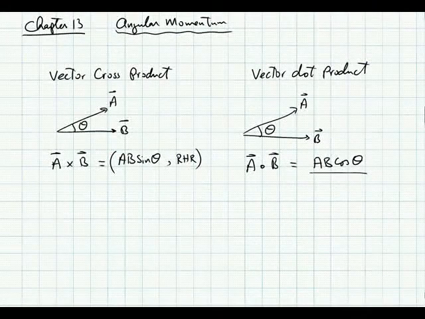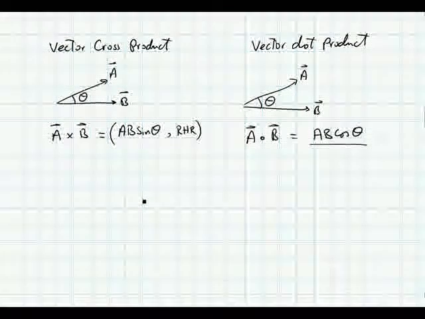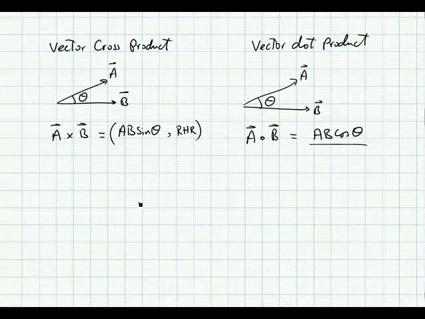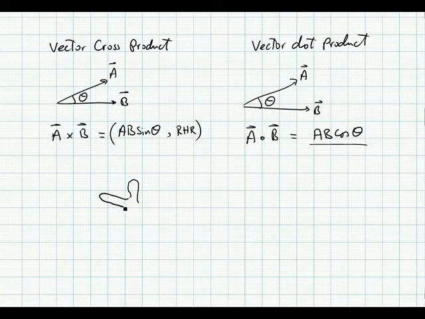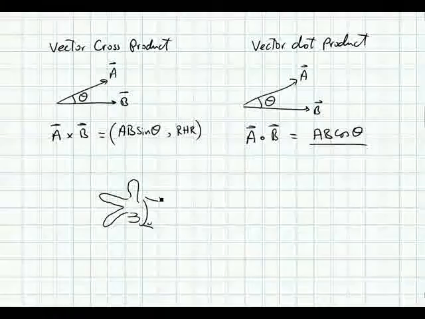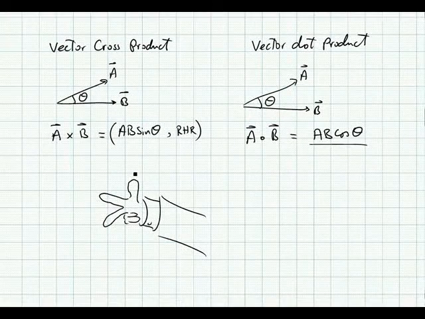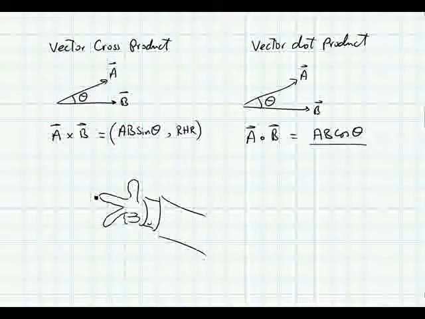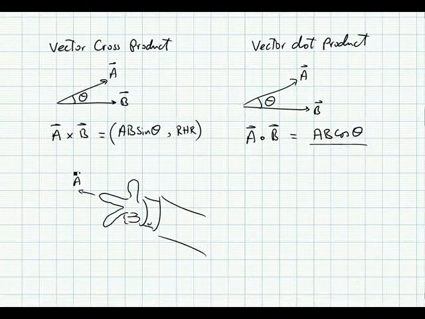I'll try and do my best drawing here. I apologize for the lousy drawing, but if you take your right hand, your index finger should point in the direction of A, the first vector in the cross product.